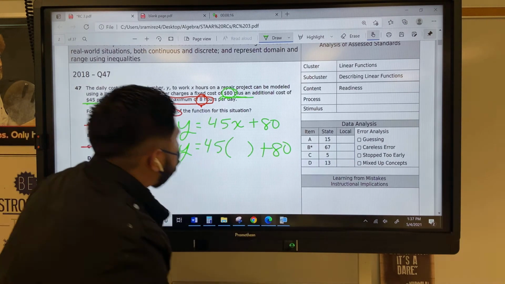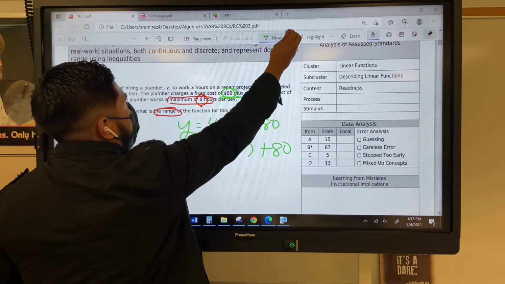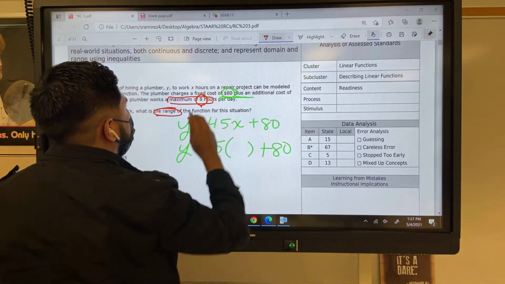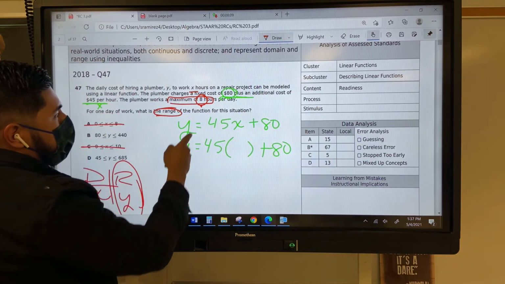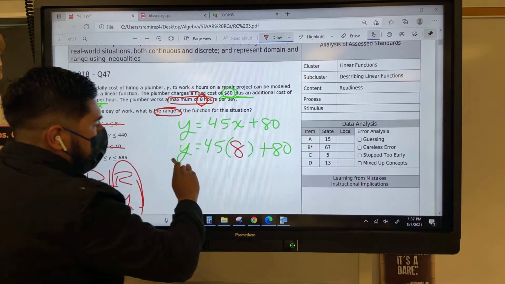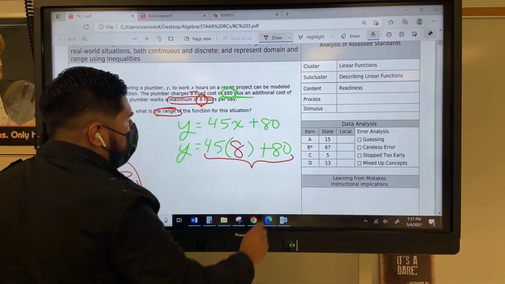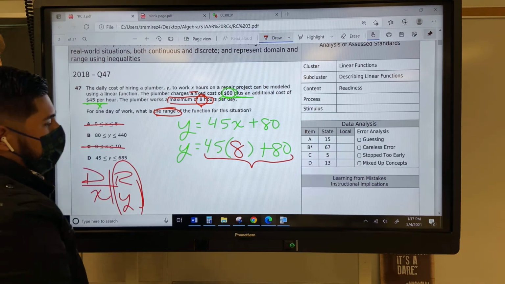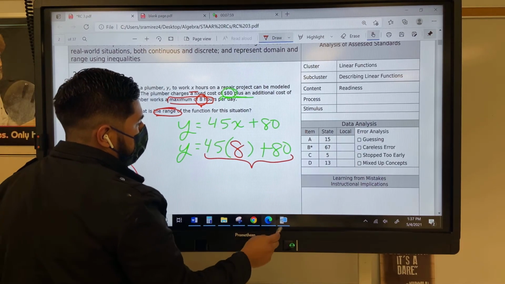And for my X, I can input my X value of X hours, which is 8. After that, I can easily put this part in the calculator. I don't have to make it super complicated. 45 parentheses 8 plus 80.